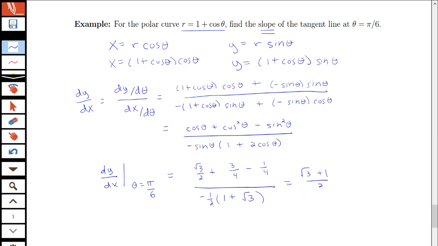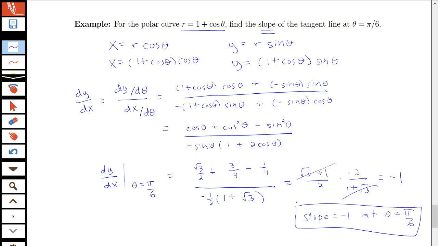This is going to be divided by this negative 1/2 times 1 plus root 3, or I could look at that as times the reciprocal, so times negative 2 over 1 plus root 3. We notice how that 1 plus root 3 and 1 plus root 3 cancel. So I'm left with negative 2 over 2, which simplifies to my slope here of negative 1. So we found that our slope equals negative 1 at theta equals pi sixth.